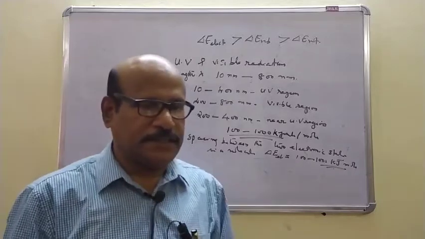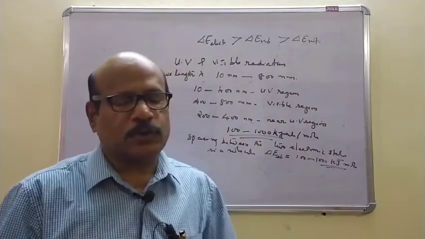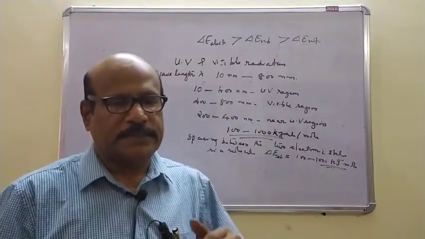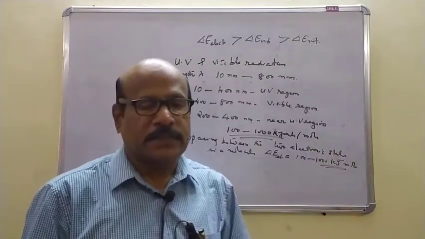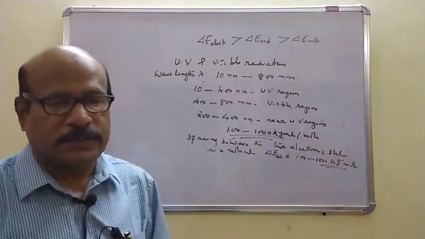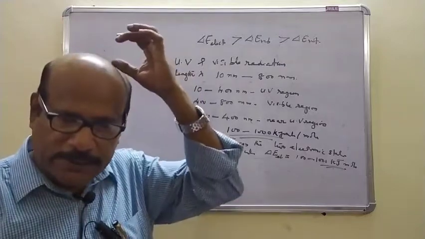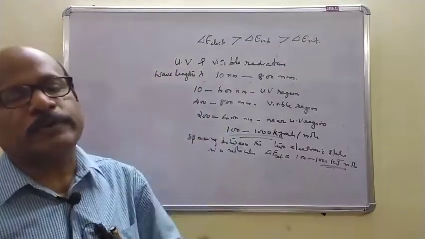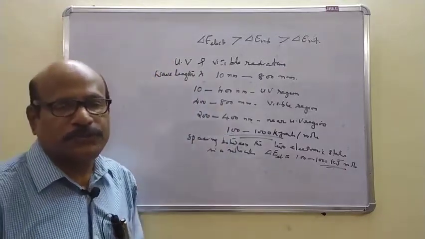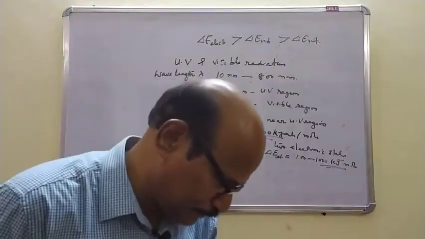So that is our definition. The electronic spectroscopy or UV spectroscopy deals with the transition of an electron in a molecular system from a lower energy to a higher energy level, followed by the absorption of UV and visible radiation.